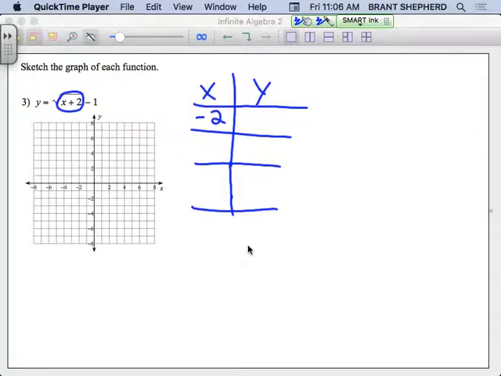And then my y of my starting point is whatever is added or subtracted on the outside. So I have a -1 there on the outside. So my y is -1. And so that's my starting point.